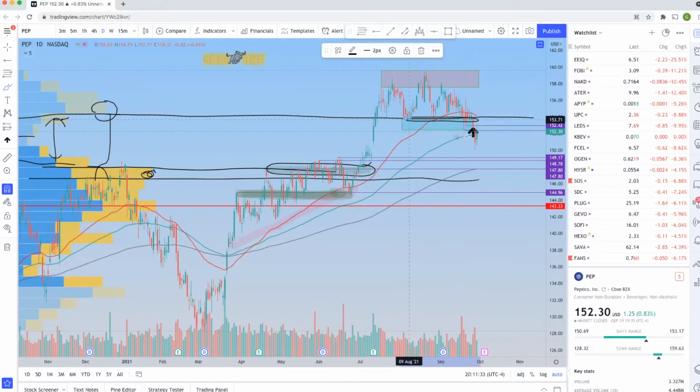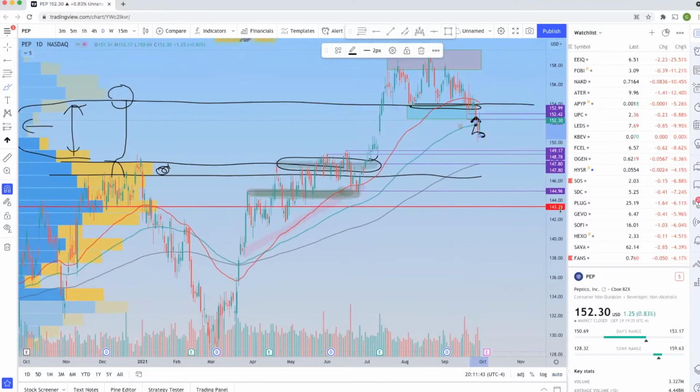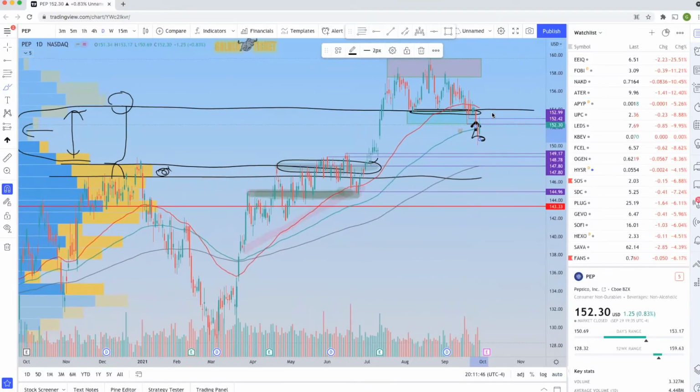Well, it's not support anymore because it got broken, but let's imagine last week it was still support. What it tells you too is that anything that happens in between, there's pretty much no volume. That one here, roughly you have 3 buy for 1 sell.